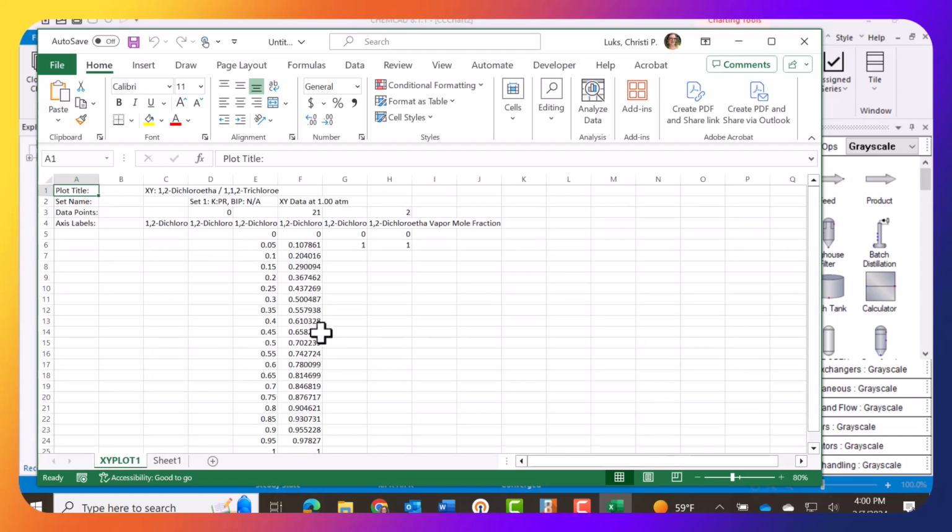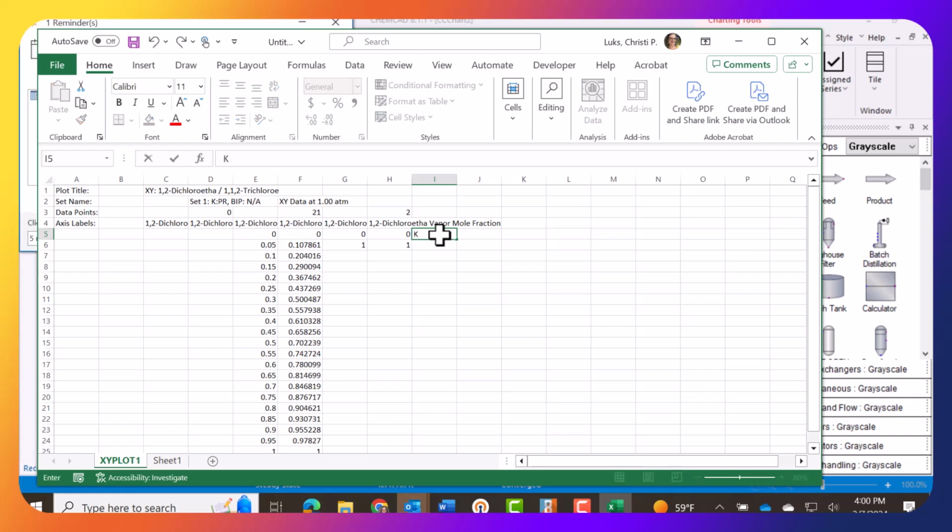And what they recommend that you do is that you check that the alpha is approximately constant at 2.24. That was the one data point they had. And so to do that, I need the K for dichloro.